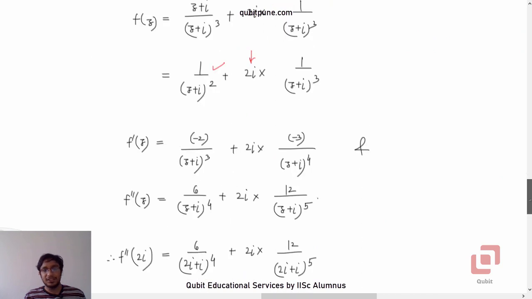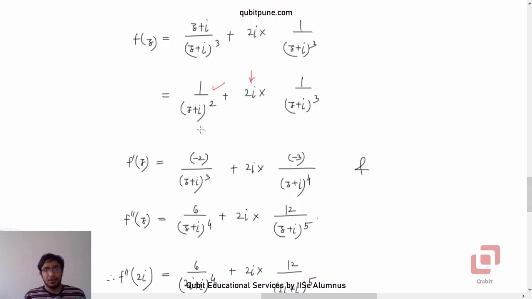All right, first derivative. Derivative of 1 upon z plus i to the power 2 will be minus 2 times 1 upon z plus i raised to 3. 2i is a constant, let it be there as it is. Derivative of 1 upon z plus i to the power 3 is minus 3 into 1 upon z plus i to the power 4.